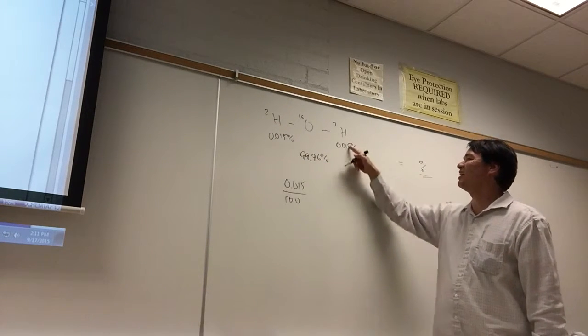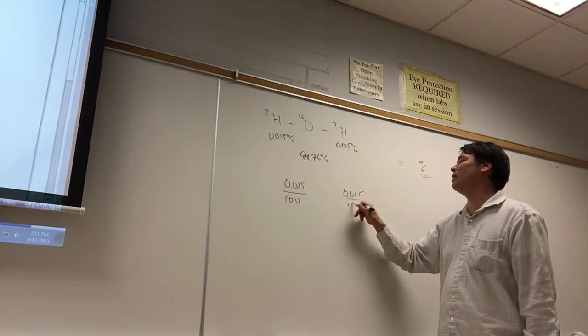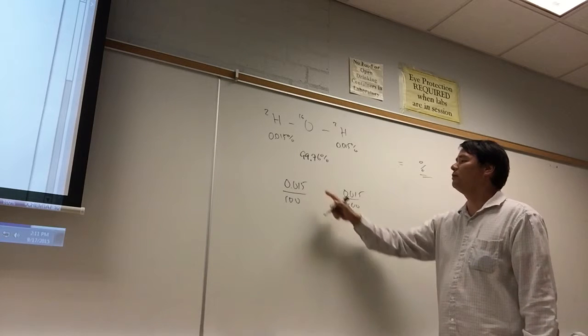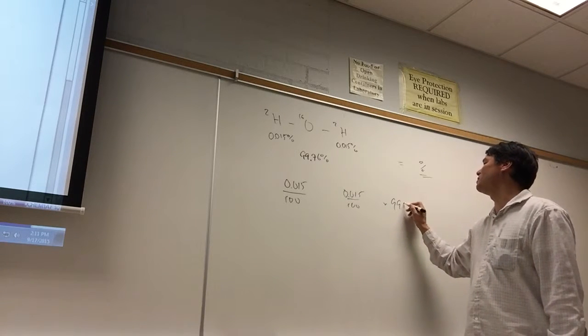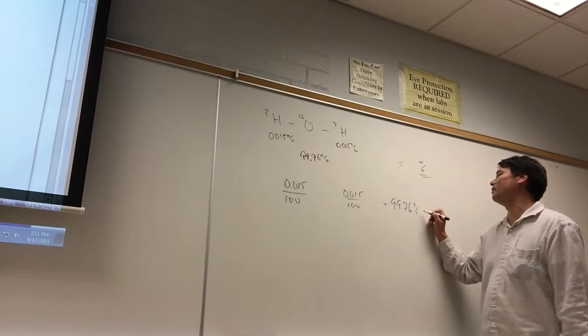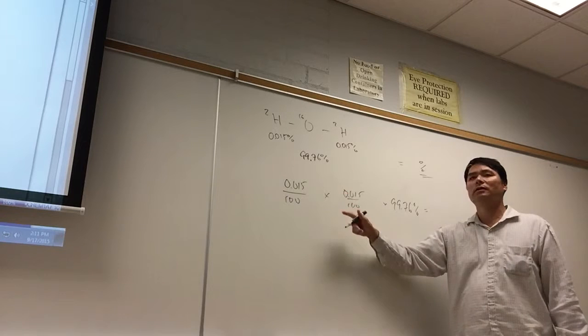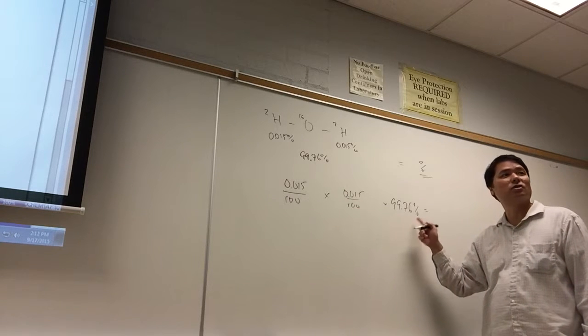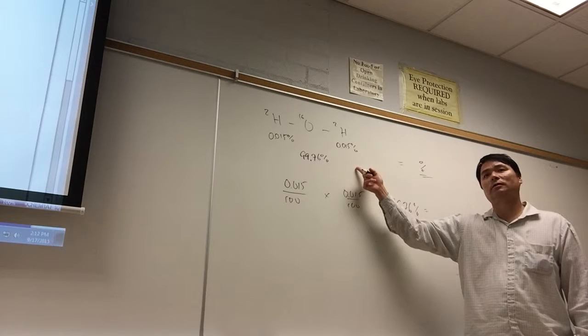Over here, the same thing. If we look at this other hydrogen, it's only a 0.015 out of 100 fractional abundance. If we have these two fractional abundances and then just multiply them by this percentage, we don't have to do it in this order, by the way, we could do it in any order, then this should be the percent natural abundance of this water molecule.